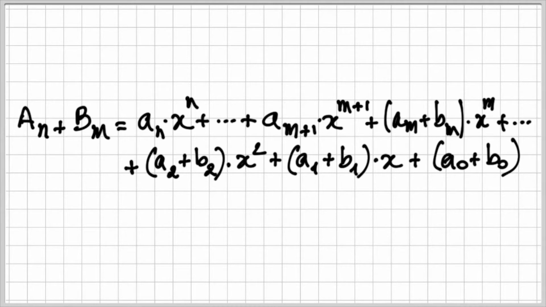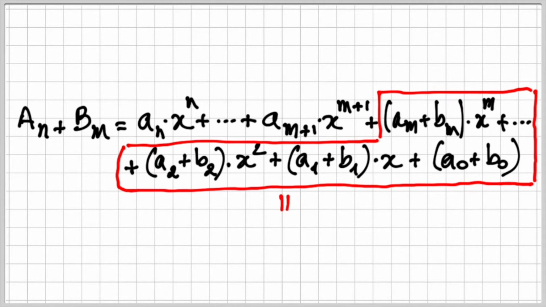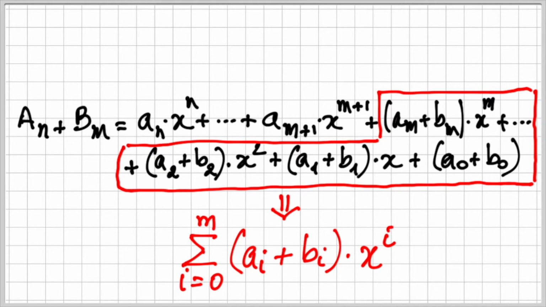Now what we can do here is we can write this again as a sum, and the first part we have are the terms that are in fact in common with a and b. So these are the terms which have the same order in a and b, and we can write this as the summation of index i going from 0 to m of the coefficient a index i plus b index i times x to the power i.